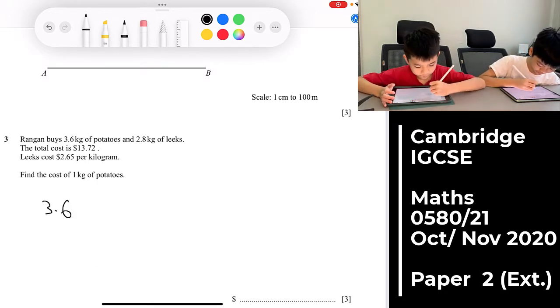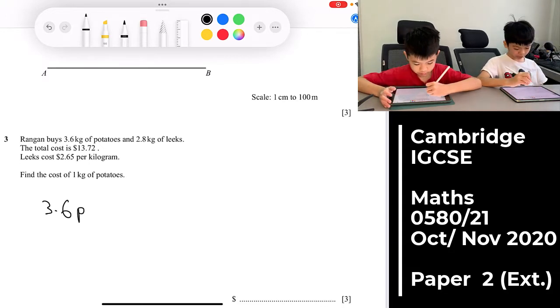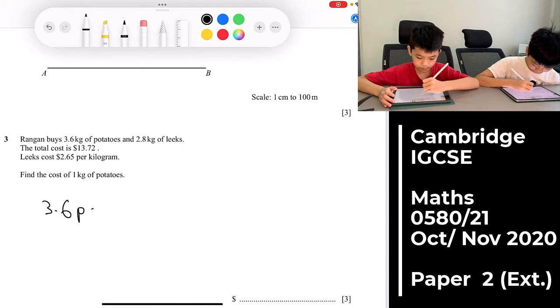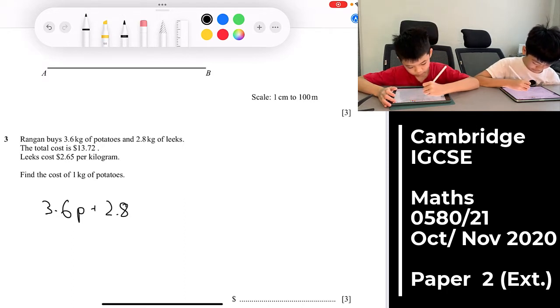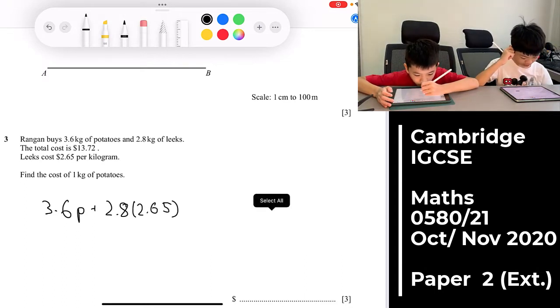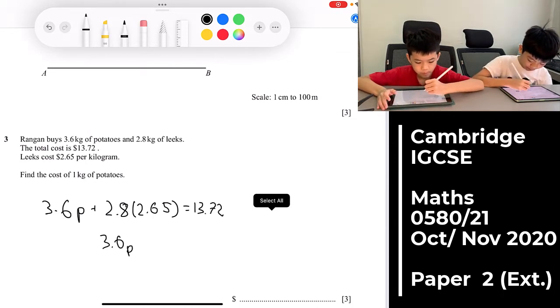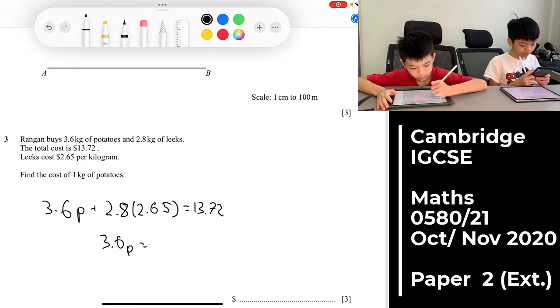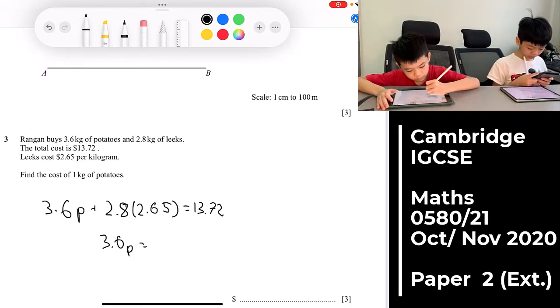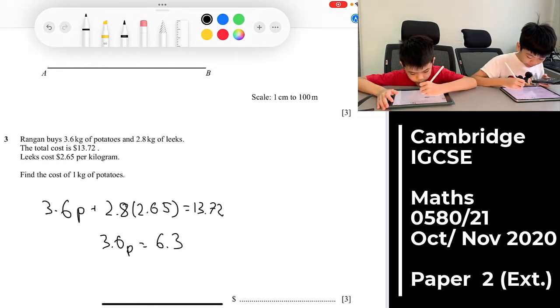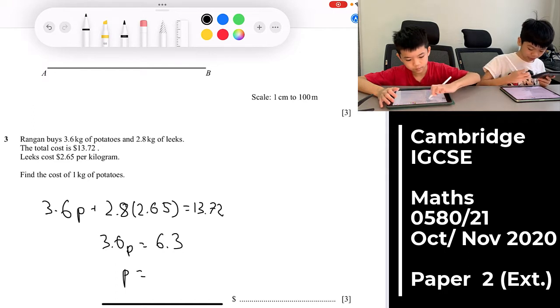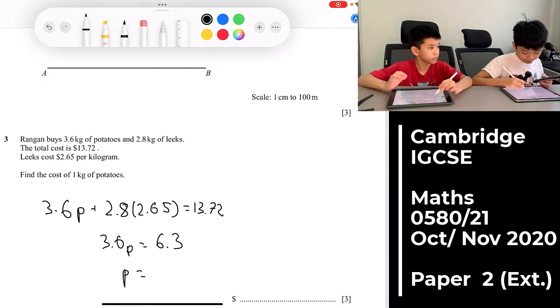So 3.6 kilograms of potatoes, and 2.8 times 2.65, because they cost 2.65 per kilogram, equals 13.72. 3.6p is 6.3, and p is 6.3 divided by 3.6, which is 1.75.